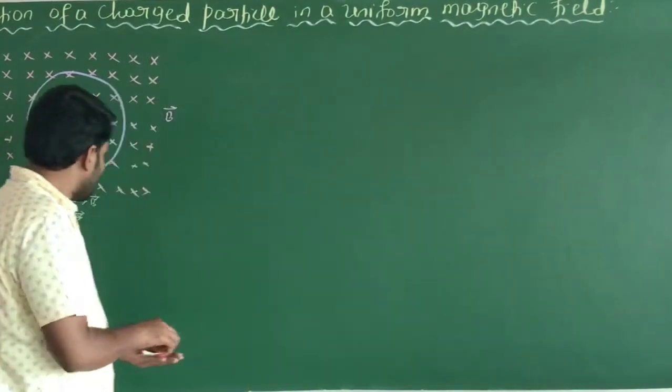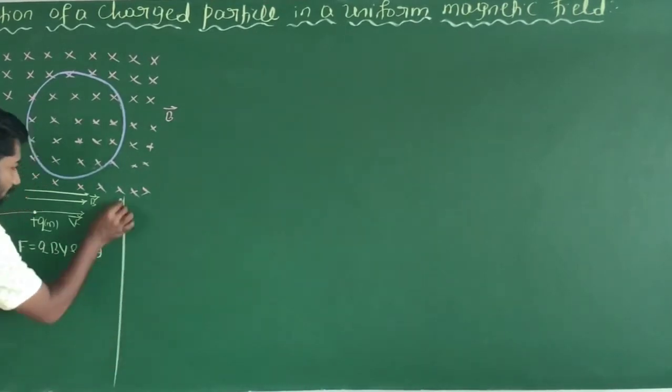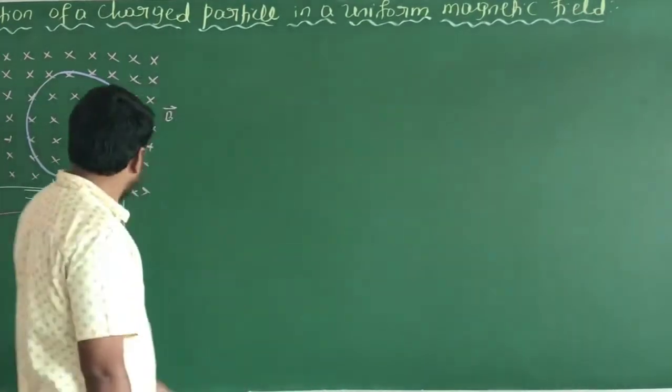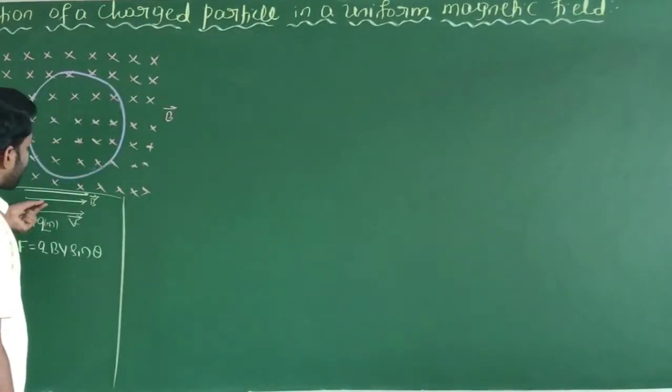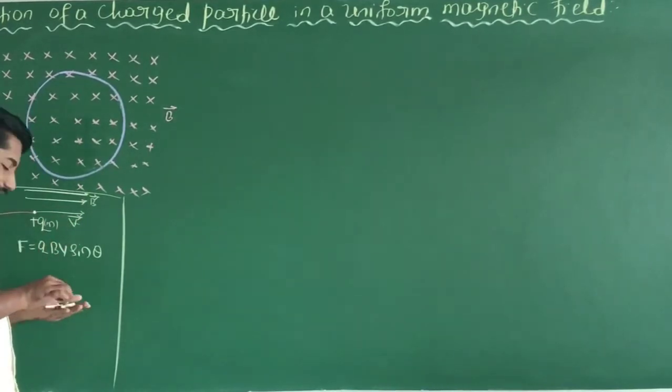We know the magnetic force equation, that is F is equal to Q into B V sin theta. Suppose the charged particle moves parallel or anti-parallel to the direction of the magnetic field.